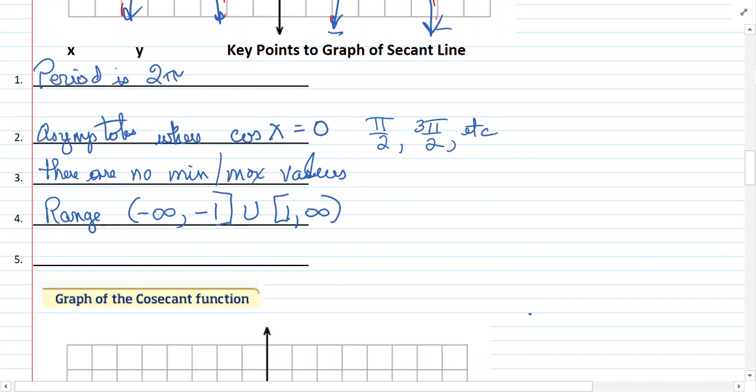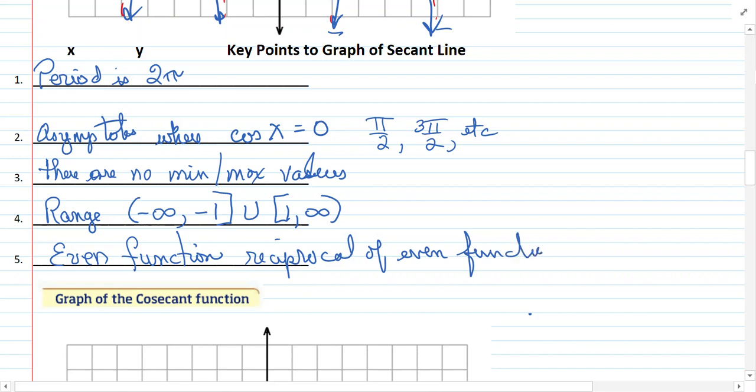And we also know that it is an even function, because it is the reciprocal of an even function, even though the outcomes are different.